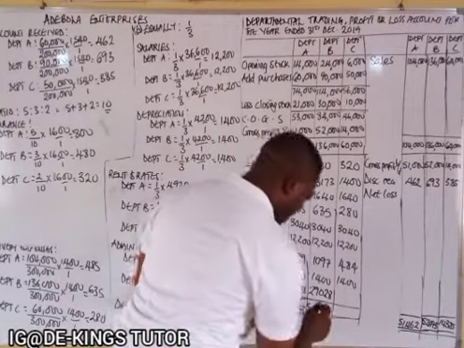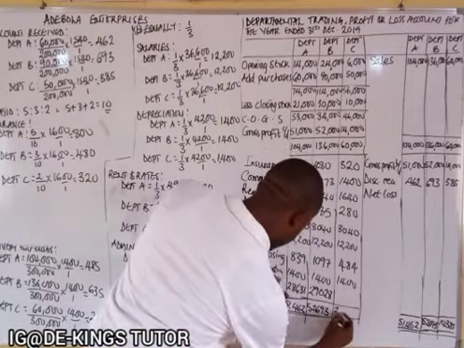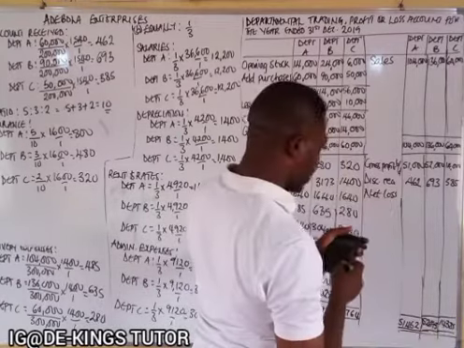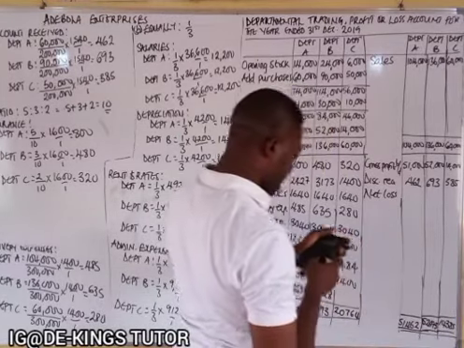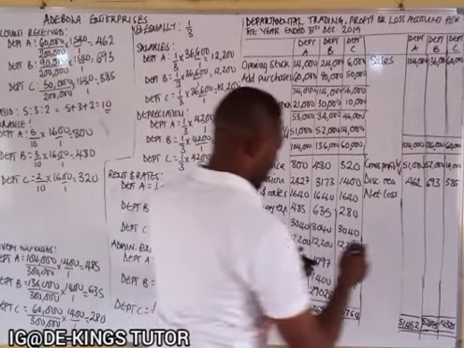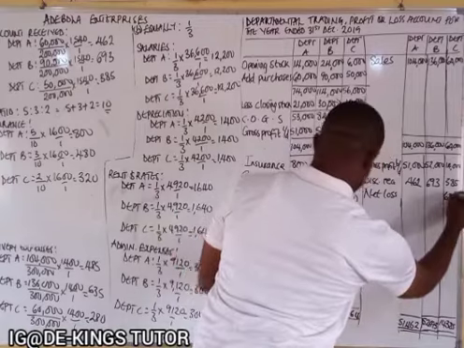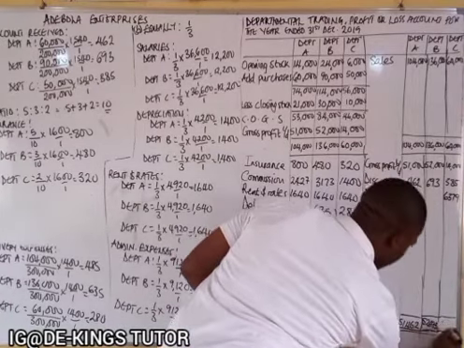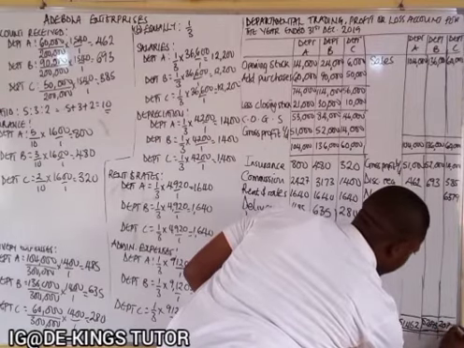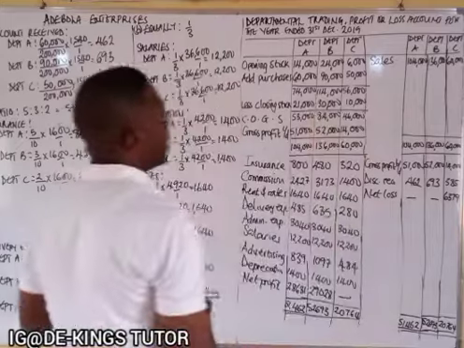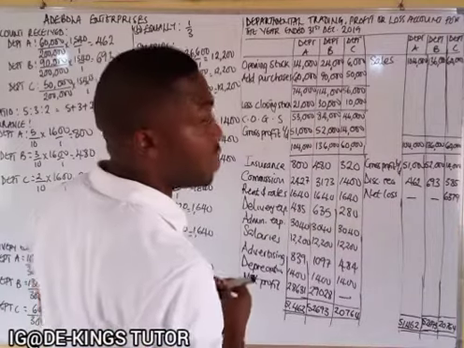So if we have here the total as 20,764, we deduct 14,385. So we have 6,379. Okay, so this will be 20,764.